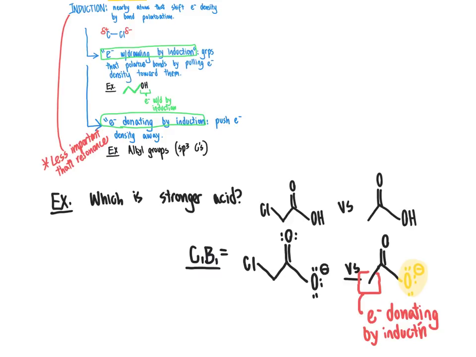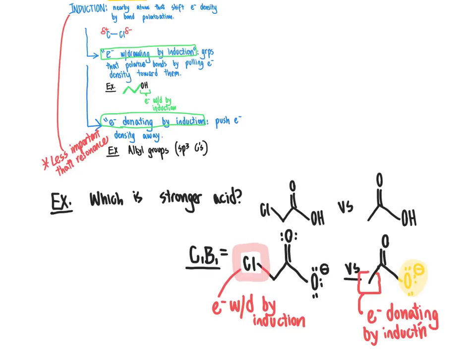On the other hand, if we come over to the other side, our chlorine atom over here, we recognize as being electron withdrawing by induction because it's an electronegative atom. So this is going to withdraw electrons. And what we mean when we say it withdraws electrons is it's going to pull electron density toward itself and away from the rest of the molecule.